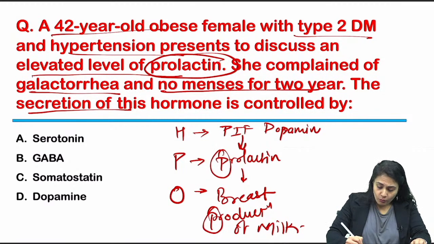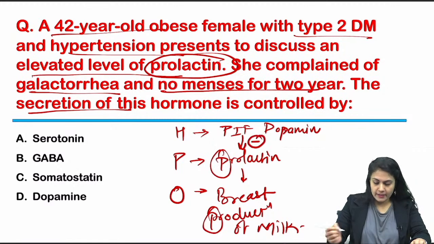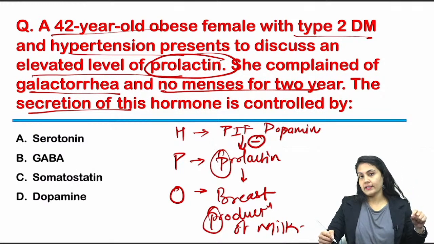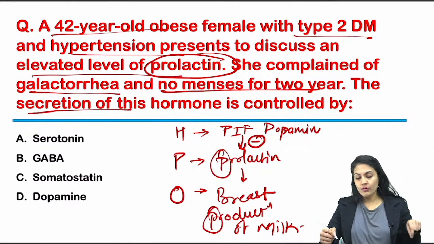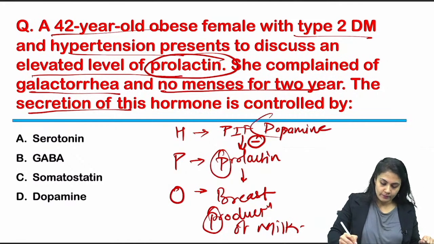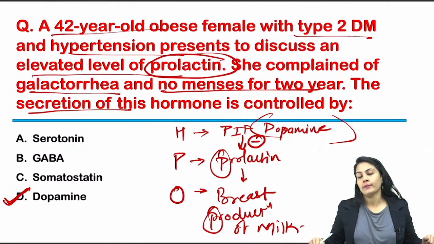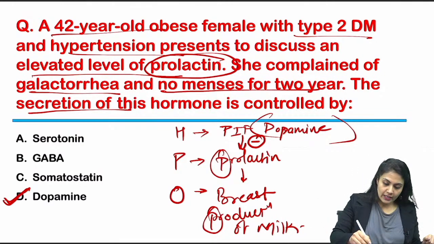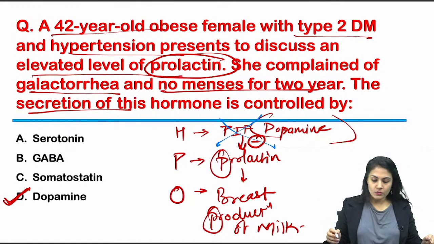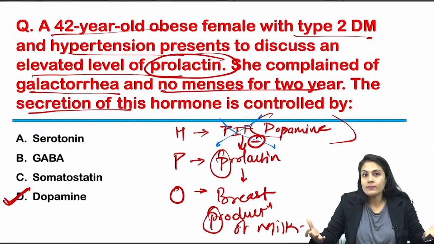This PIF, what is it going to cause? It is going to inhibit the prolactin. Prolactin inhibitory hormone, that is nothing but dopamine, is going to inhibit the prolactin. Now she is having a problem in the PIF, and that's why the prolactin release is increased.